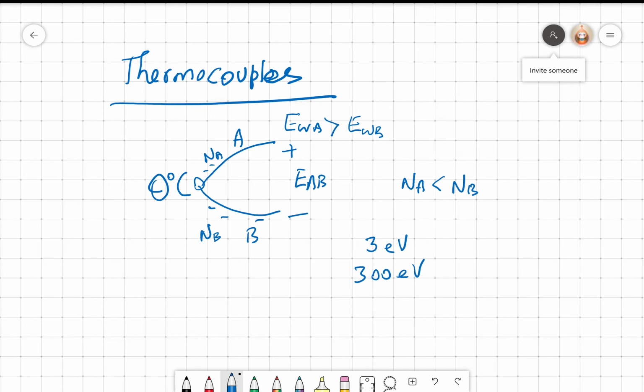It could be that only 1 electron is generated and the rest of the 297 electron volts is absorbed by that electron, which simply converts it into kinetic energy and zooms out. That is also possible. So this is a very complex phenomenon, but in general, if EWA is greater than EWB, we can say that there would be a thermoelectric potential generated.